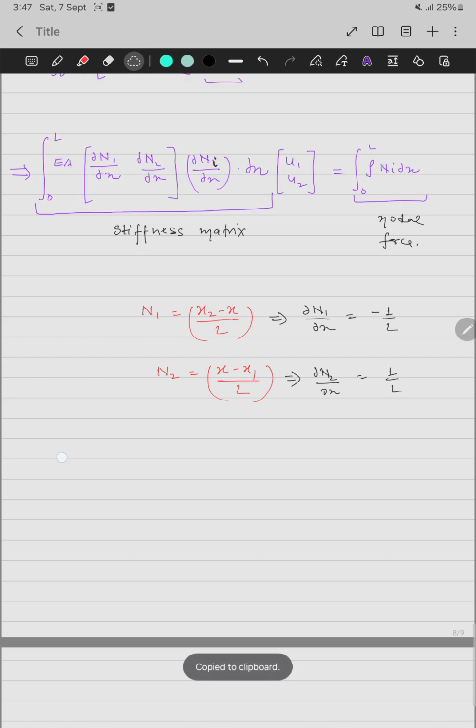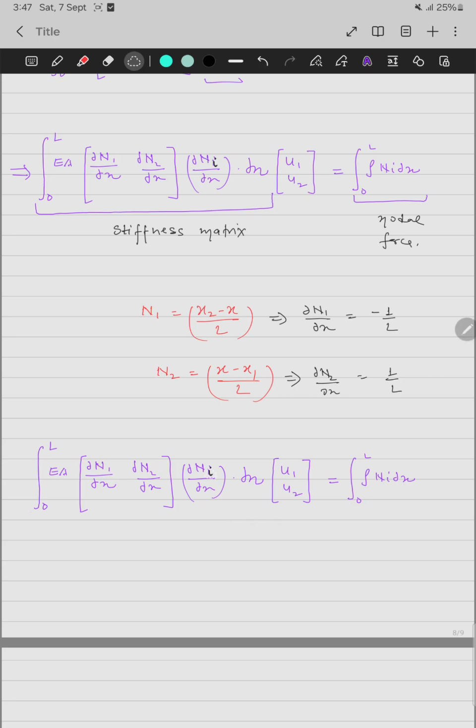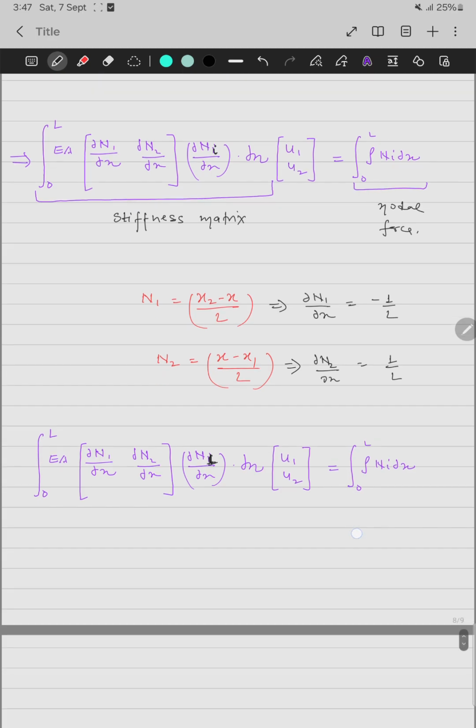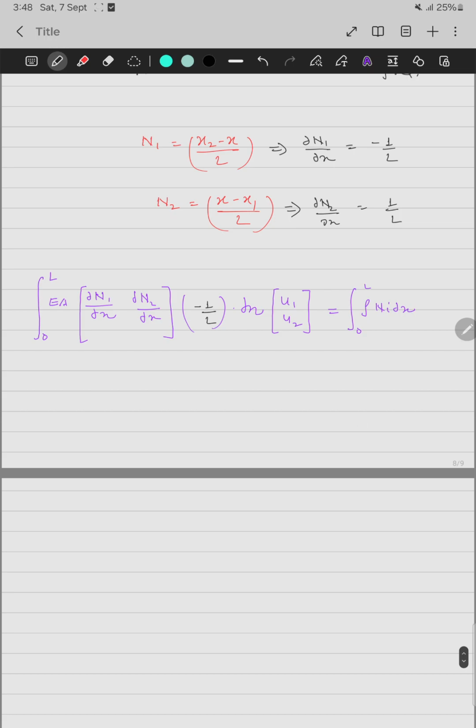I'm just copying it here and pasting it here. So for the first equation, what will happen? Here it will come as 1. So I am putting the value of del N1 by del x here. It will be minus 1 by L, so I am directly writing it here as minus 1 by L. In the same way, there will be one more equation for N2 also.